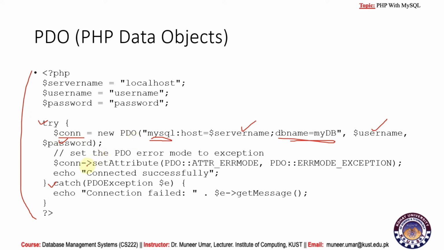For that purpose we use the object operator. It is used in object scope to access methods and properties of an object.